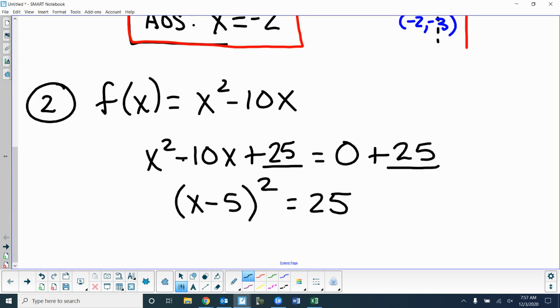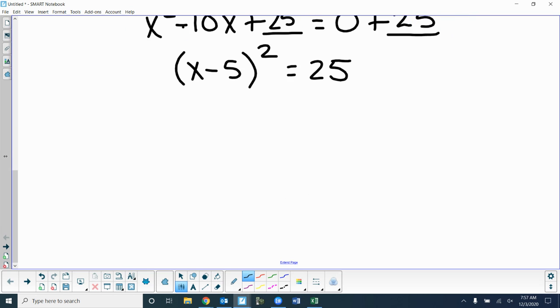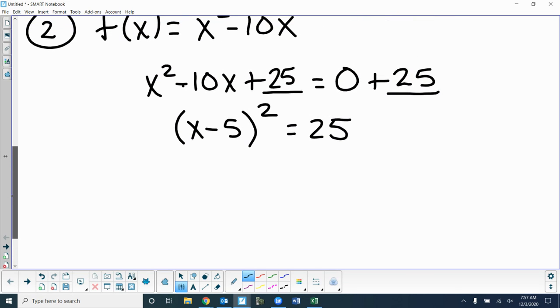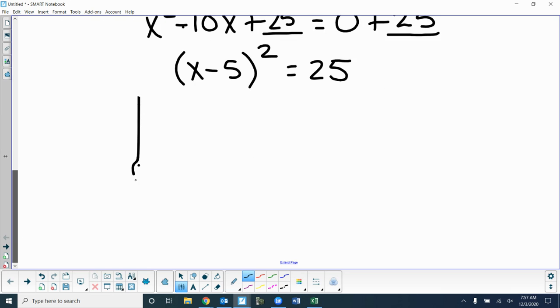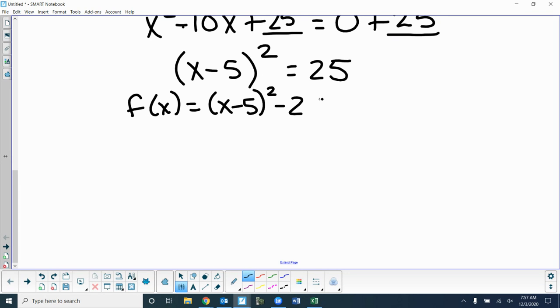Okay? So then vertex form would be just bringing the 25 over. So f of x equals x minus 5 squared and then minus 25. Okay? That makes my vertex what, Tommy? The opposite of 5, and then whatever that is.